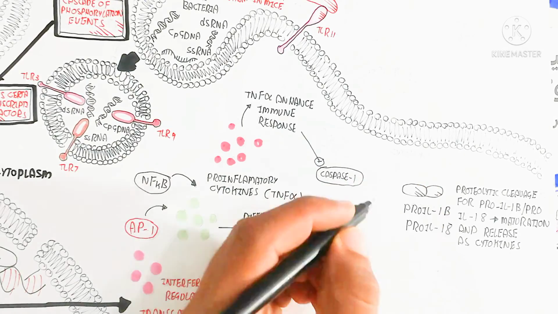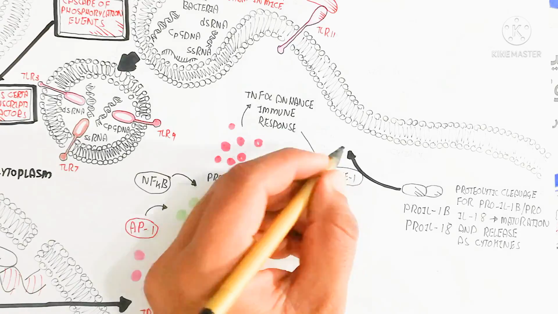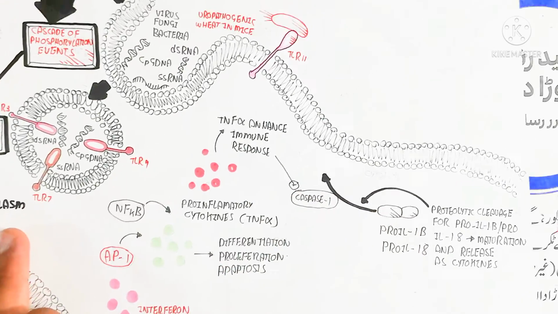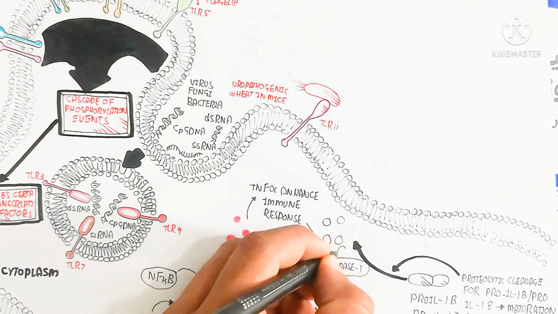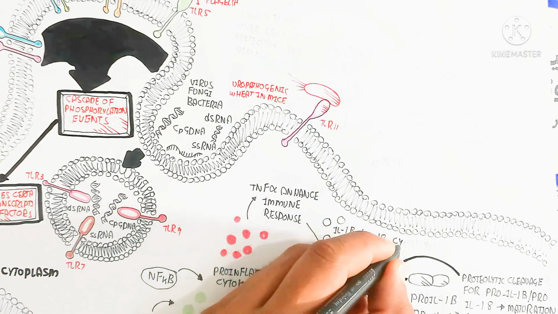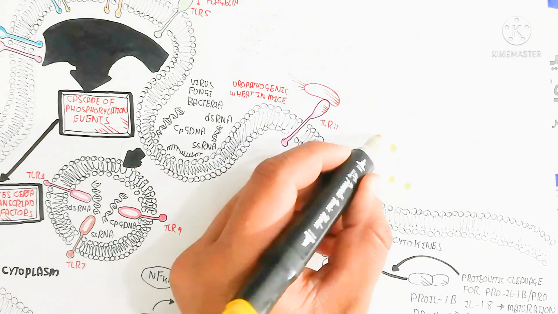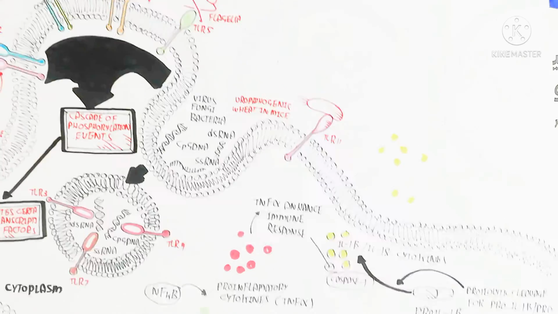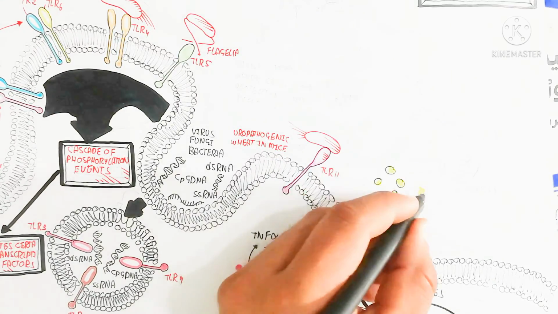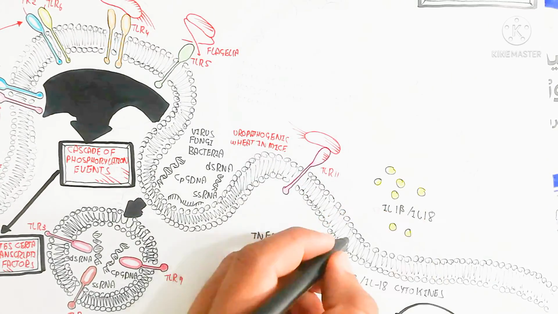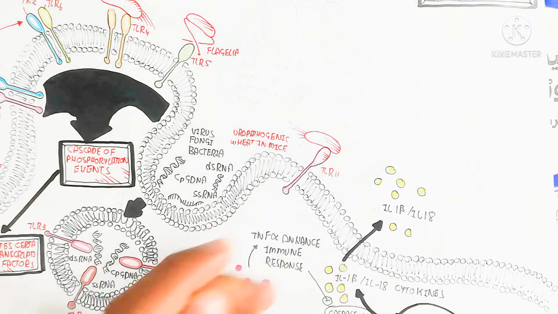The interleukin 1b and interleukin 18 are used as cytokines, and they will bind with the different immune cells and go into the extracellular matrix and into the circulatory system as well as other places.